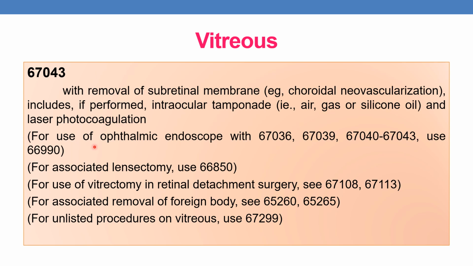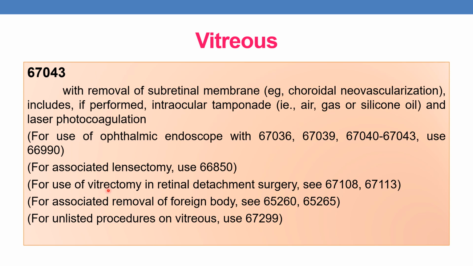And for the use of ophthalmic endoscope with 67036, 67039, 67040 to 67043, you need to use 66990, which is nothing but ophthalmic endoscope. This is an add-on code. And for associated lensectomy, use 66850.